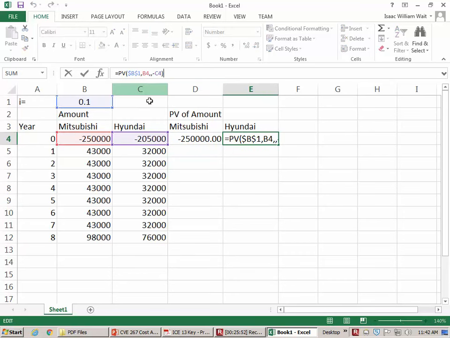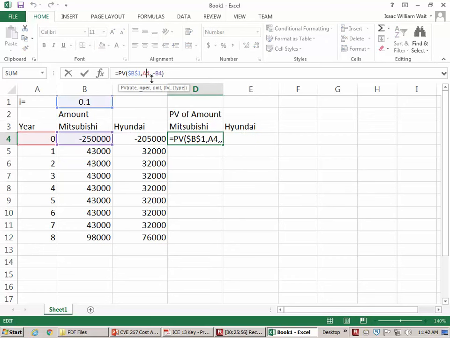Oh, I didn't anchor the N. So watch this. Here, I'm going to anchor. I don't want to anchor both A and 4, because if I anchor A and 4, when I drag it down, it's always going to be looking at A4. But I can anchor just the column reference so that when I drag it sideways, it continues to look in the A column, but it won't always look at the number 4.